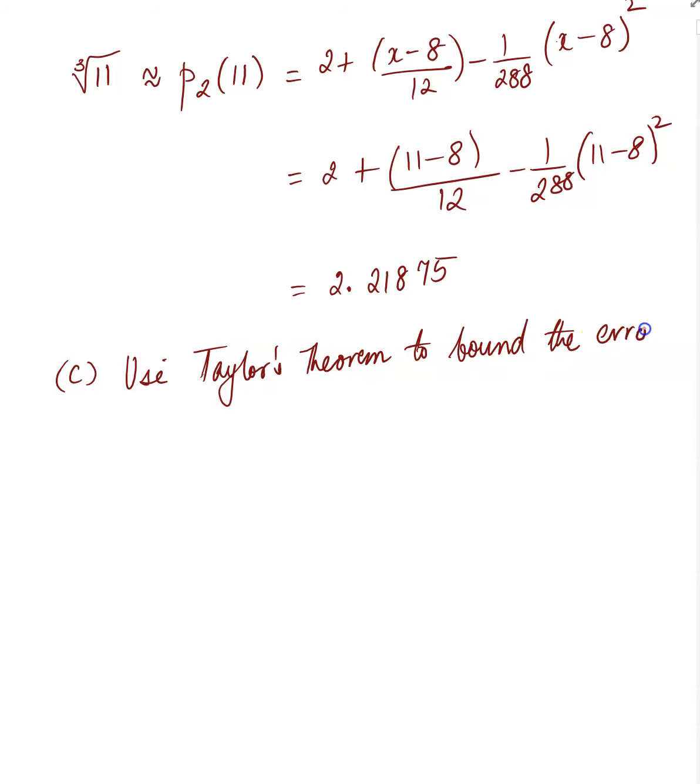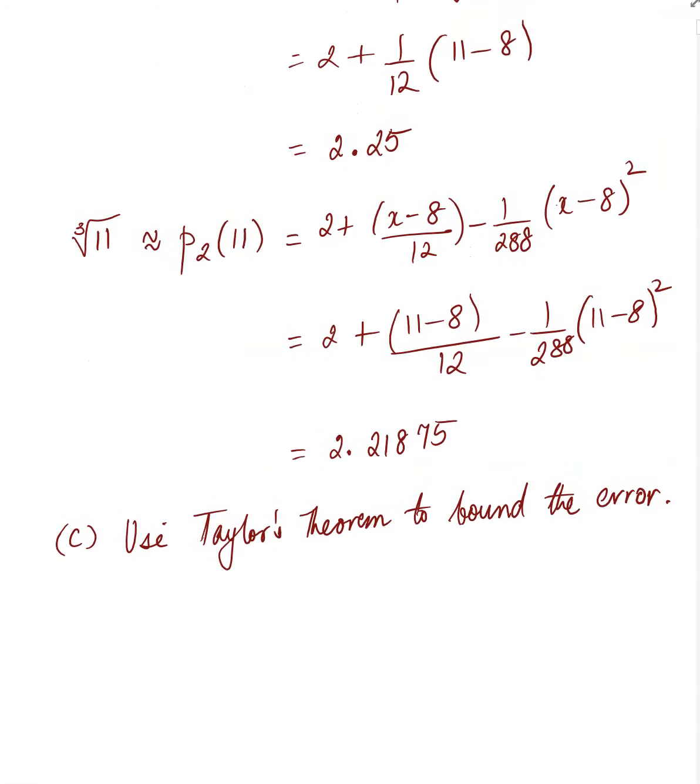That's all they say. So try to understand what they mean. Well, remember that all this is approximation, right? In fact, with the first polynomial, you got 2.25. The second polynomial, 2.21875. So there is a difference in the values. You didn't get the exact value. So there is some error there, and we're trying to bound that error.